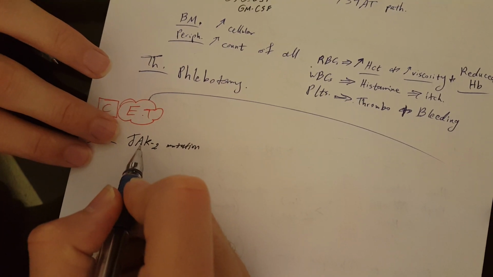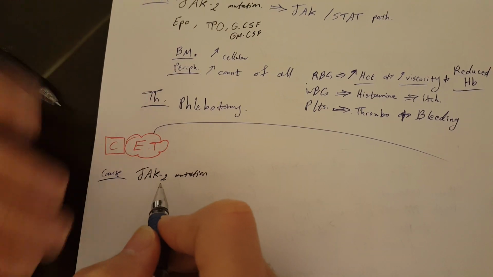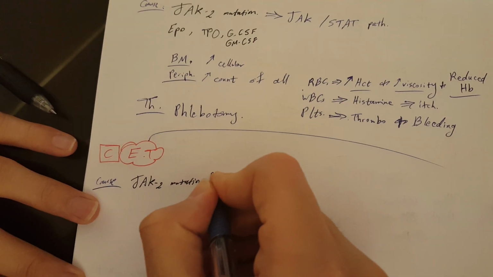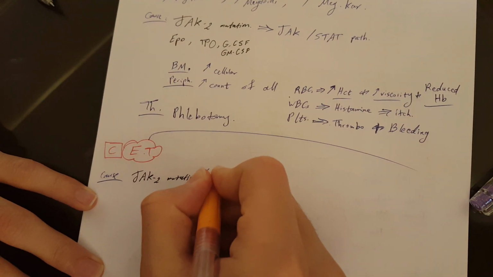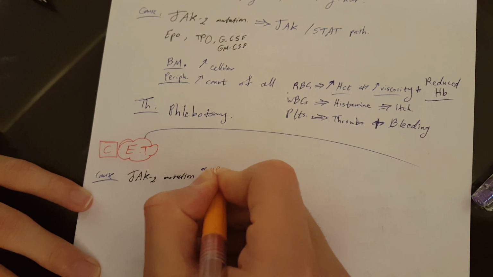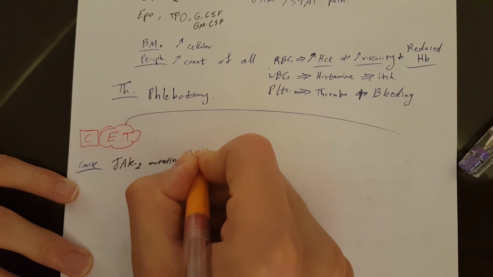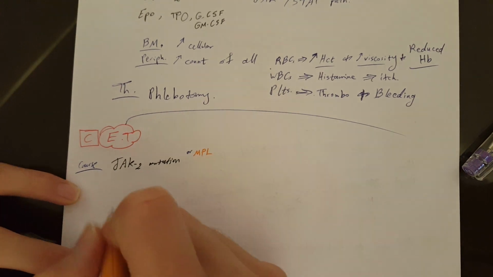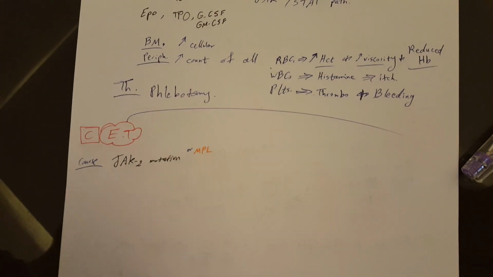You can find a JAK2 mutation in 50 to 60% of the cases. Or it could be the MPL, myeloproliferative leukemia. So there's a certain gene which gets mutated and can cause essential thrombocytosis.